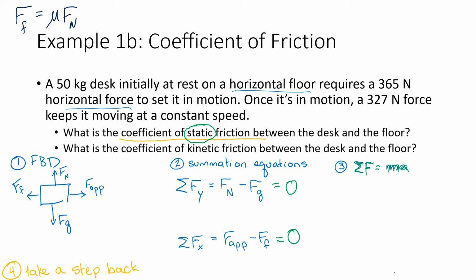We're trying to solve for the coefficient of friction, and the coefficient of friction is in this equation. It's right there. So that means we need to know the magnitude of the force of friction, and we need to know the magnitude of the normal force.